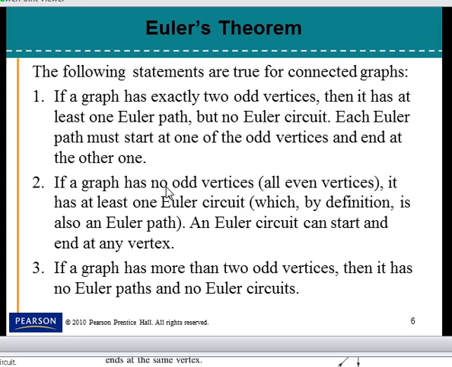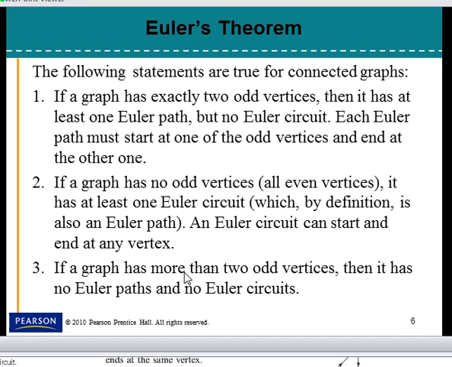If a graph has no odd vertices, all even vertices, it has at least one Euler circuit, which by definition is also an Euler path. An Euler circuit can start and end at any vertex.